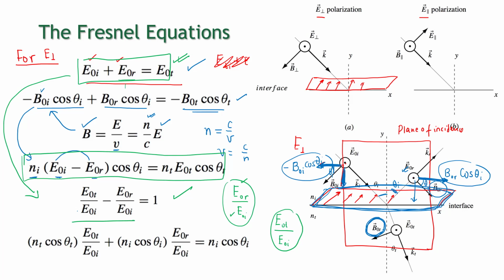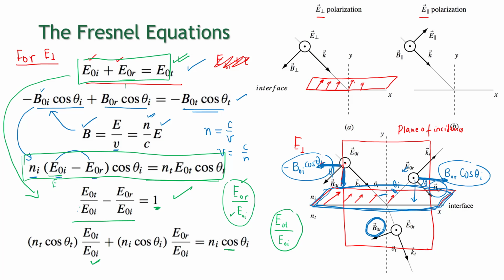Likewise, if I divide the one in this green box by E0I, I get this equation. Then just rearrange the terms: the terms without the ratio you put on the right side, and the terms with the ratio on the left side.